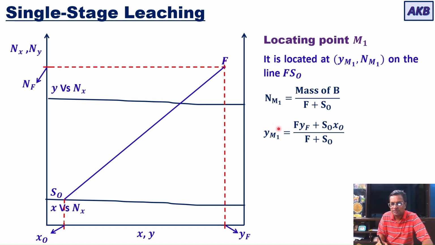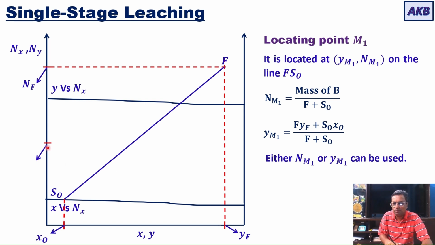You can use either one of these, because the other known thing is that point M1 will be located on the line F S0. So, knowing one value, either Nm1 or Ym1, is sufficient for us. Let us use Nm1.